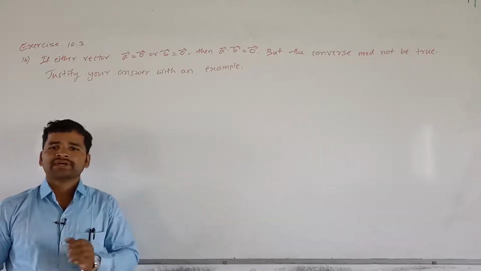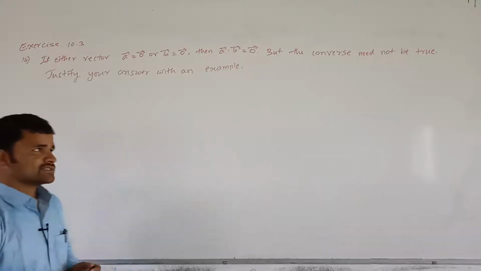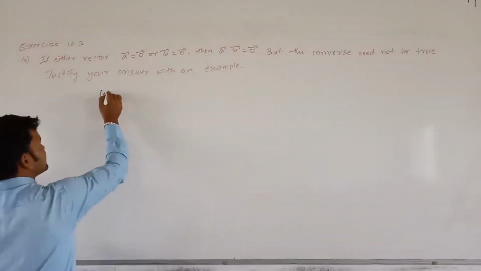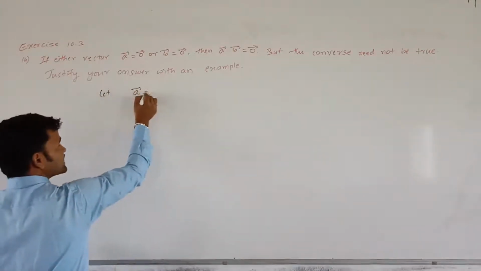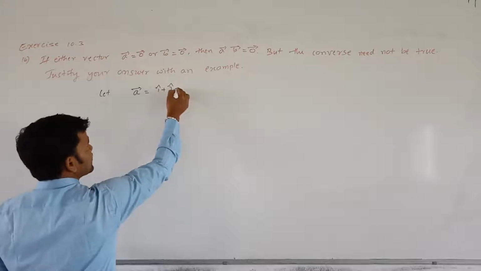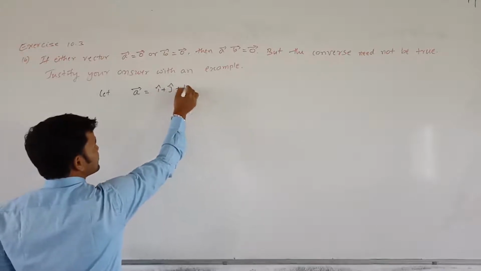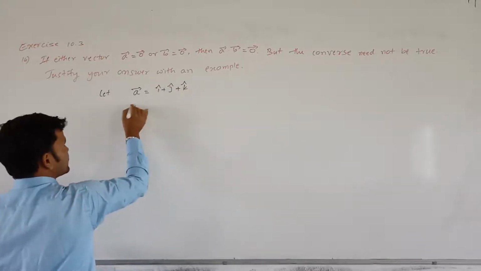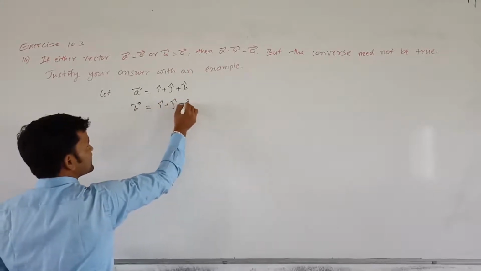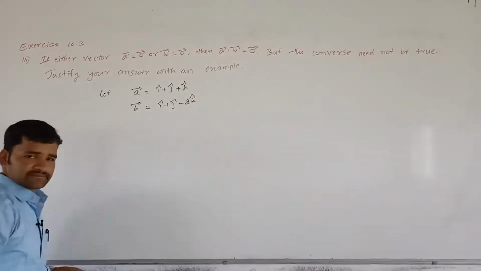That one you prove with an example. That is the question here. Okay. Let us take the example here. Let vector A is equal to i plus j plus k, and vector B is equal to, I will take here i plus j minus 2k.